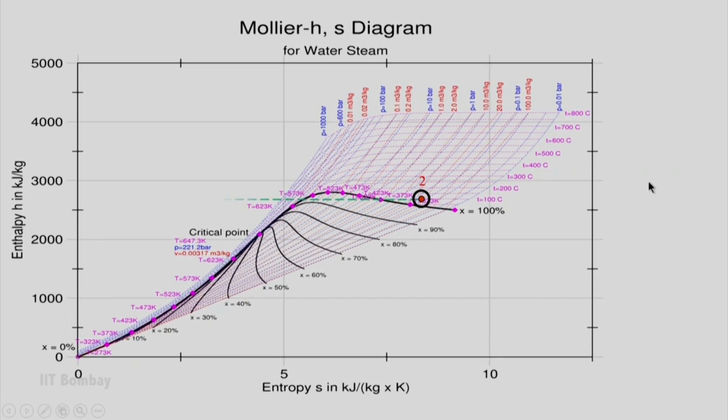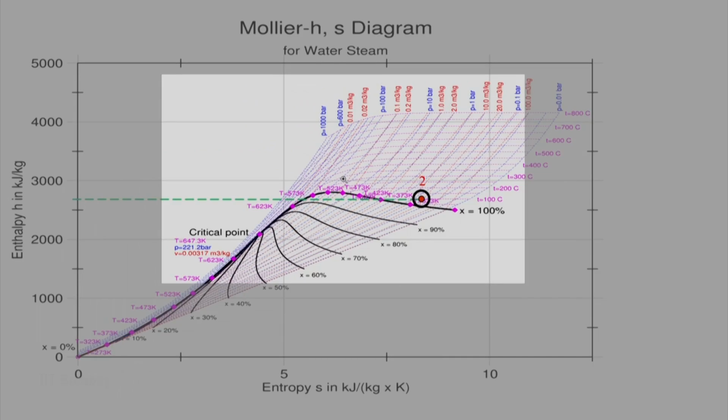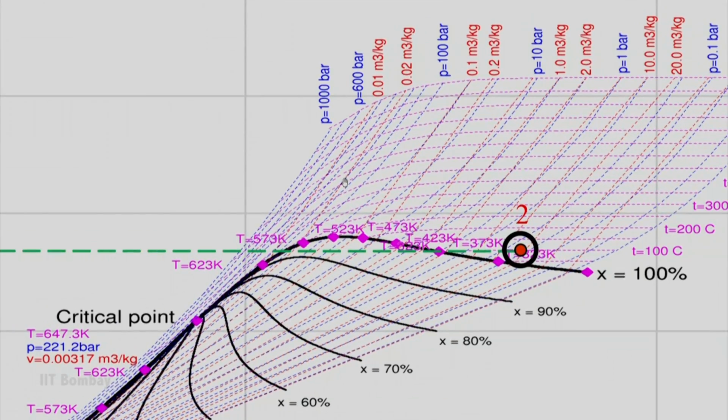The other thing I also know about state 1 is the pressure. The pressure before expansion is 10 bar, as given in the problem. So I can go closer to this and locate the intersection of this isenthalpic line with pressure equal to 10 bar, which is this.